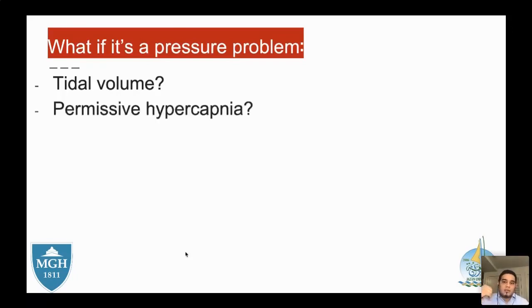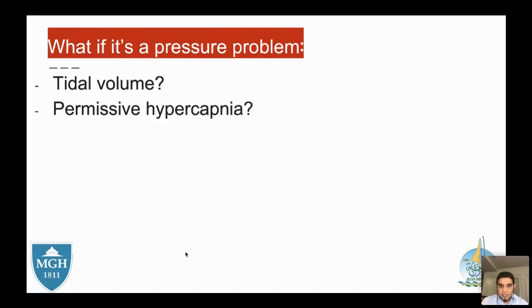That's where the concept of permissive hypercapnia came from. You go down on the tidal volume to 6, and you watch the pressure. If you're down to 6 and the plateau pressure is still above 30, then you still need to go down on your tidal volume. You can go down to 5, try again, and then go down to 4.